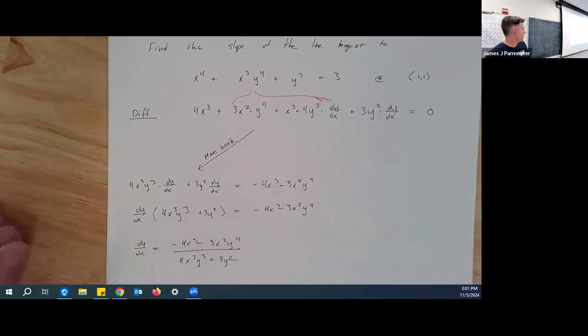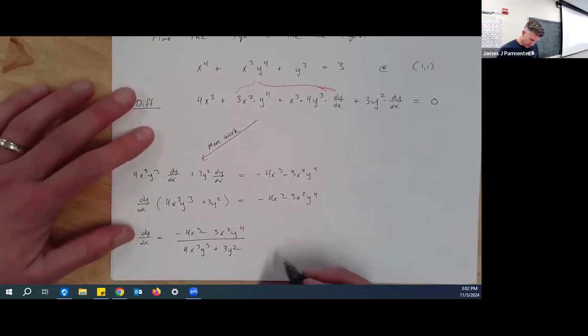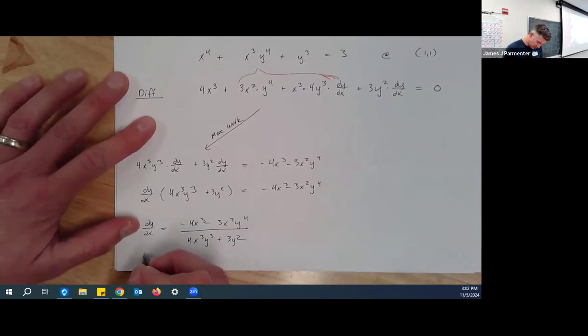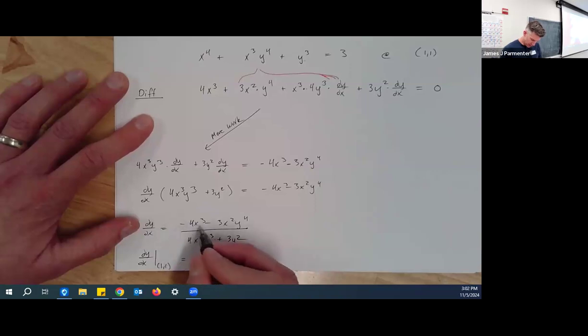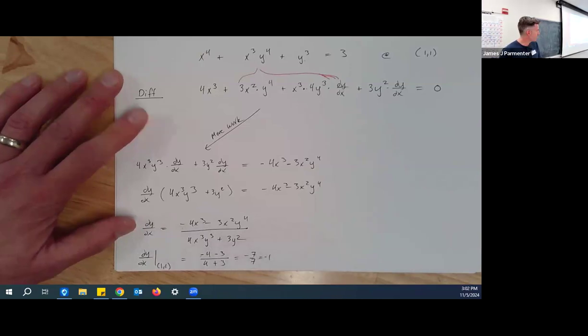And now that we have the derivative, we can plug in our point. So dy/dx evaluated at (1, 1), I'm going to get negative 4 times 1 minus 3 times 1 times 1 over 4 times 1 times 1 plus 3 times 1, which is negative 7 over 7, which is negative 1.